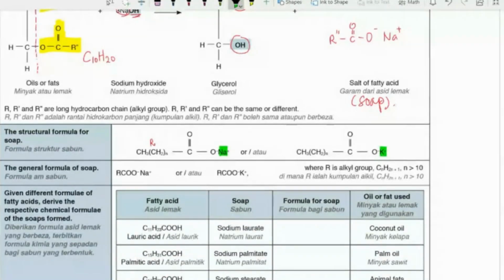So the alkyl group R, n is more than 10. So here, you can see the functional group for the soap is this one, COO minus. This is for soap.